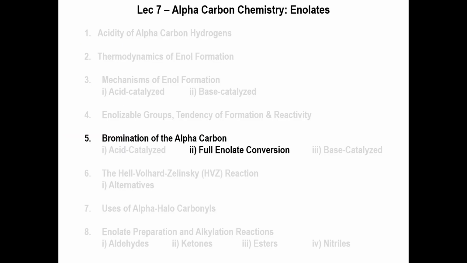Now, under basic conditions, there's a couple things that we need to consider. The first thing is that if you want to end up with the same product that we got under acidic conditions, then you have to ensure that your enolate is produced to completion.